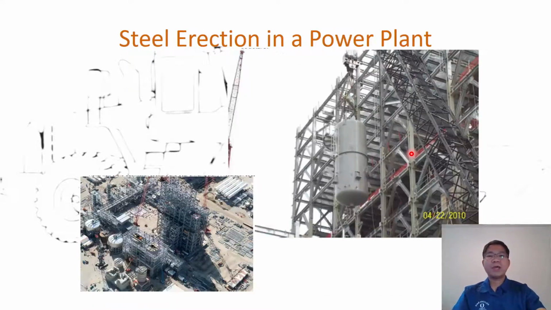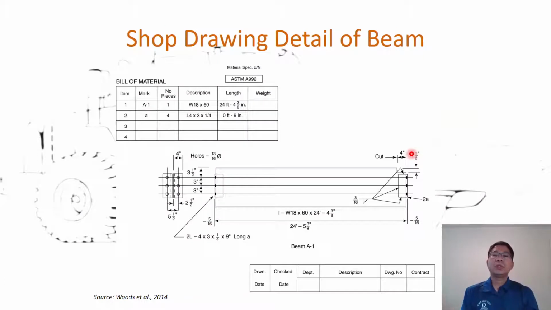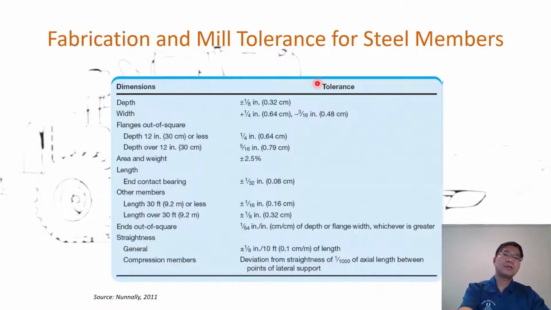Before construction, the engineer designs, but the subcontractor or supplier of the steel needs to prepare shop drawings to show the size to be fabricated for the different structural steel components. And of course, when you fabricate, the tolerance matters. Everything needs to have some tolerance.